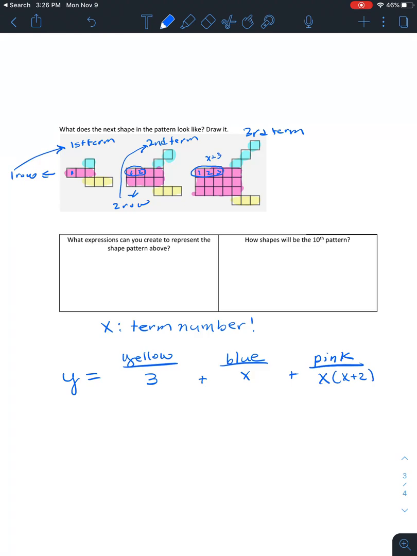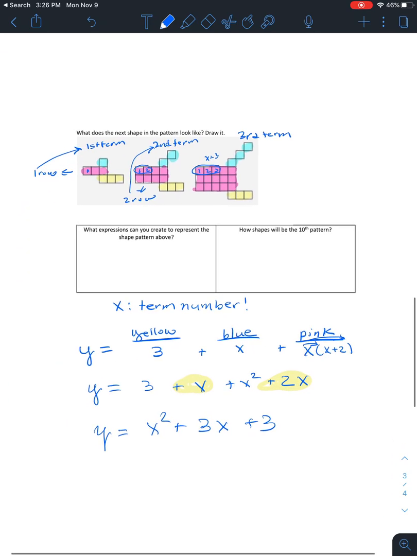And that's why I'm getting X times X plus 2. Then we can take all this and put it together, and you get X squared plus 2X. Then highlight like terms. And Y equals X squared plus 3X plus 3 is our answer.